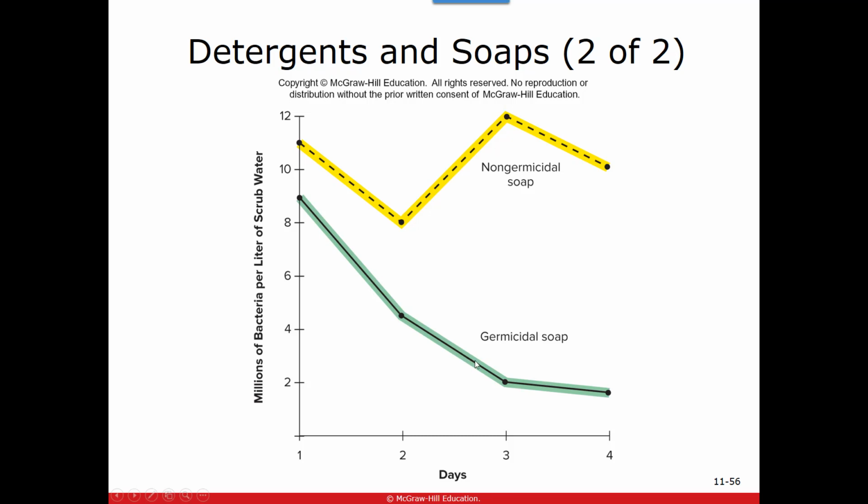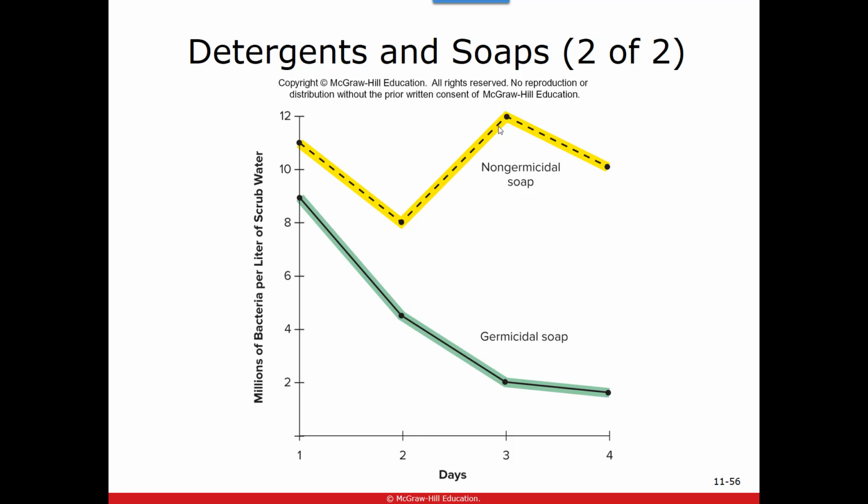Part of that is as you are scrubbing using soap, you can get down to a layer where you have your normal flora bacteria. So it's going to look like you actually have more bacteria. You're just getting to and swabbing the area under your first layer of skin where you find lots of normal flora. But germicidal soap is very effective at getting rid of those bacteria and keeping them gone for a longer period of time.